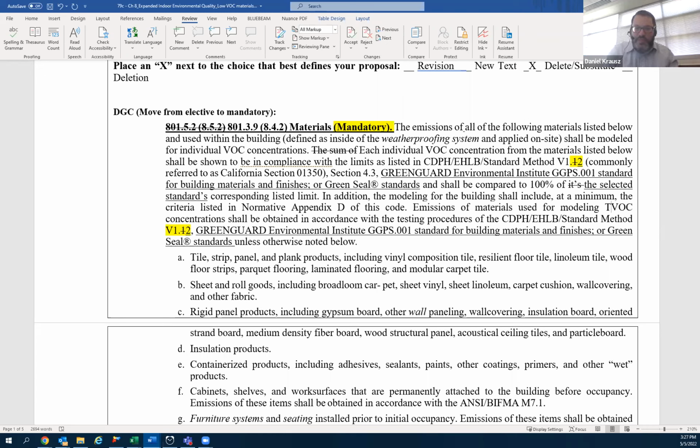So I didn't actually put this language together, so I don't know why it's not all underlined, but this matches what was presented and adopted in the IRC. The thinking was to move some of those measures over to base code, and then to allow additional categories that were harder to achieve, maintained in the DGC. You are correct in that this language was in the DGC already.